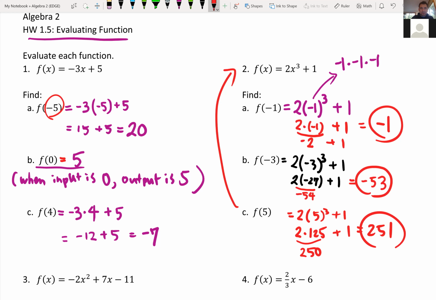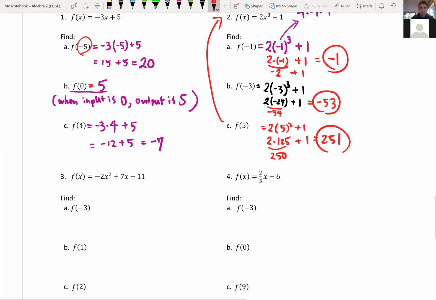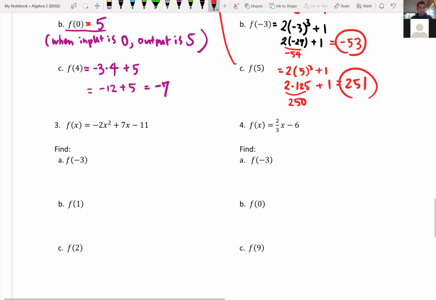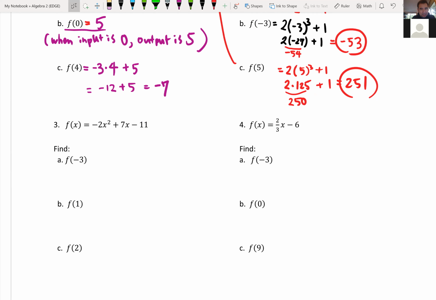How are you guys doing so far? Okay, very good. Let's keep going, okay? Again, you don't have to wait for me. Just keep going, and then wait so that you can check your solutions when we finish it, okay?